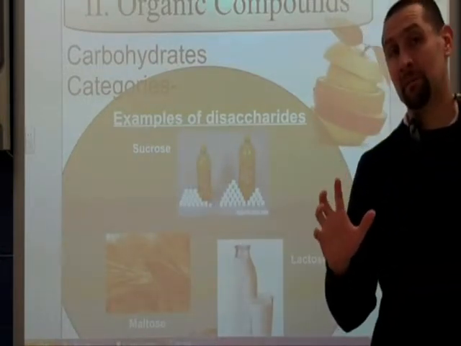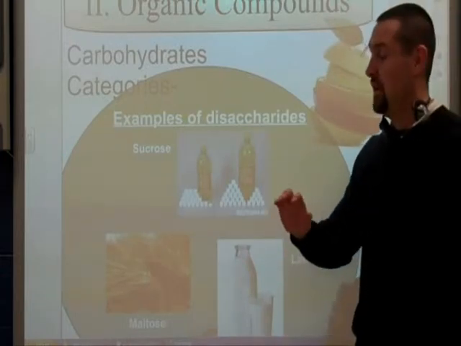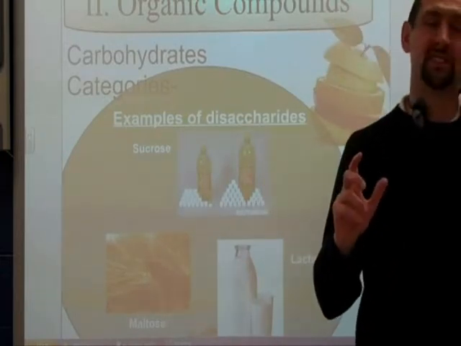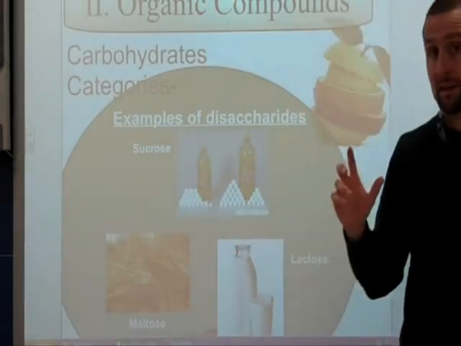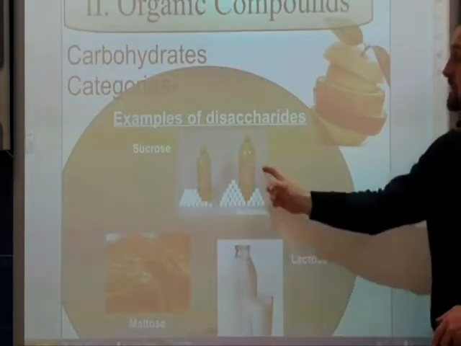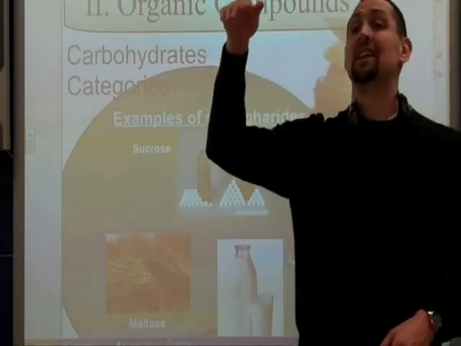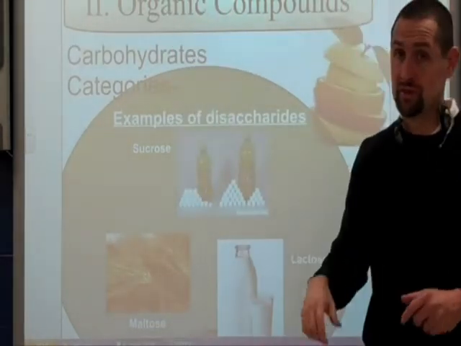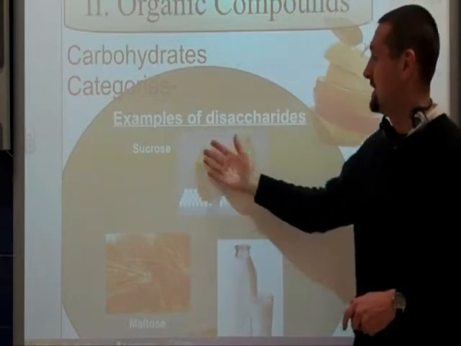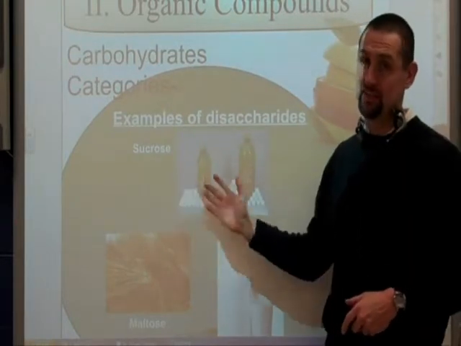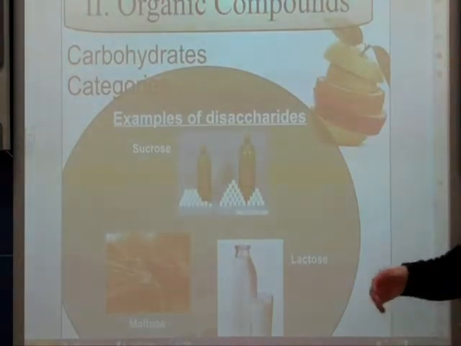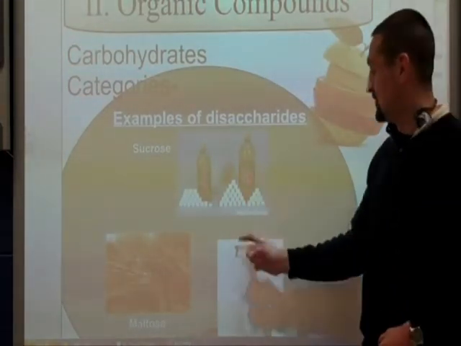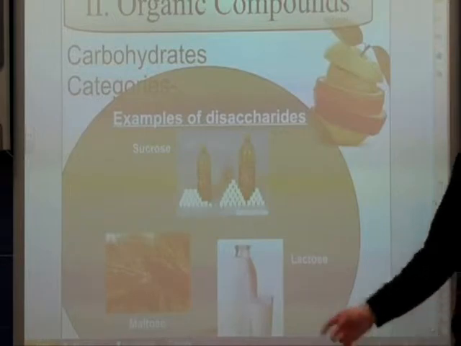So if you're trying to memorize these for whatever reason, just start out by writing glucose, glucose, glucose, because they each have that glucose sugar molecule. Sucrose will have a glucose first, then a fructose. So glucose plus fructose makes this plant kind of sugar. The sugar we would find in table sugar. The sugar we would find in Mountain Dew. You can see how much sugar there is in Mountain Dew.